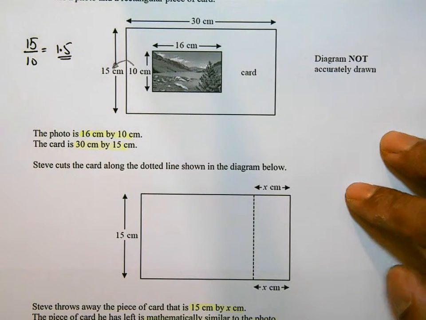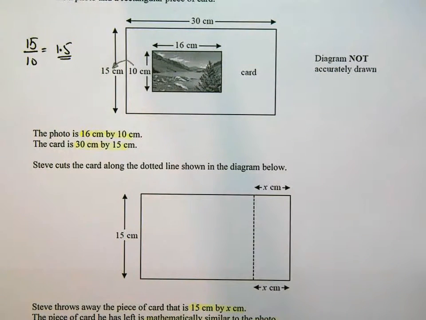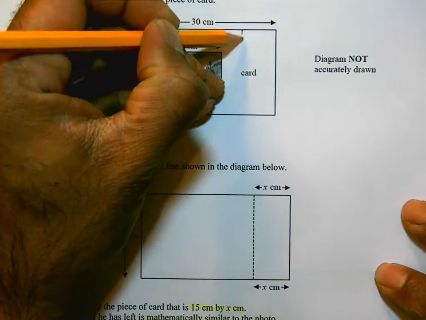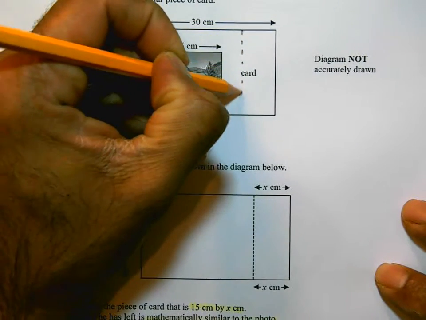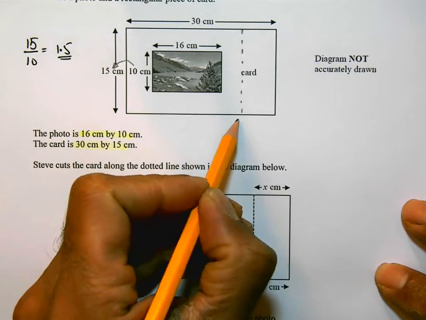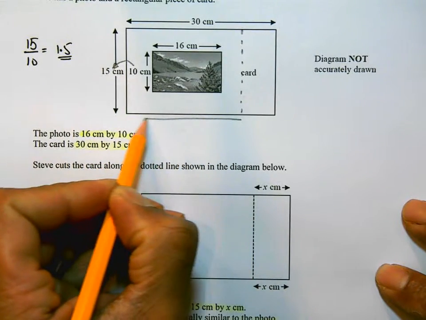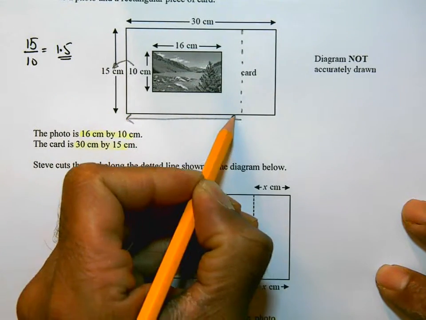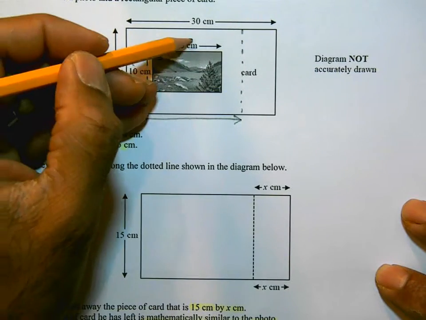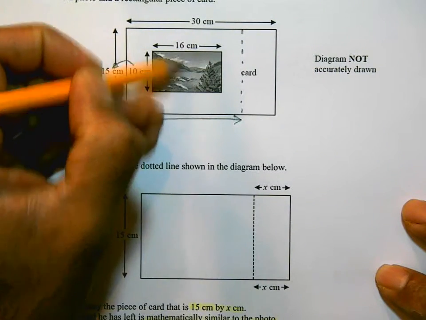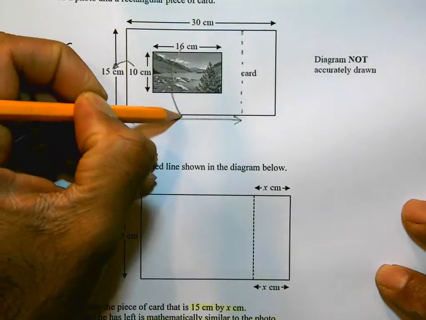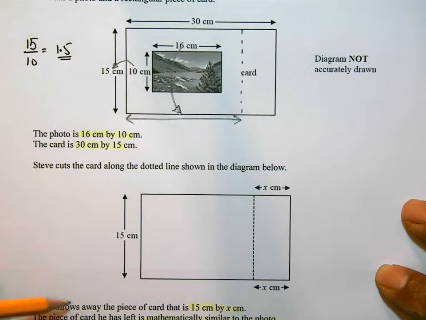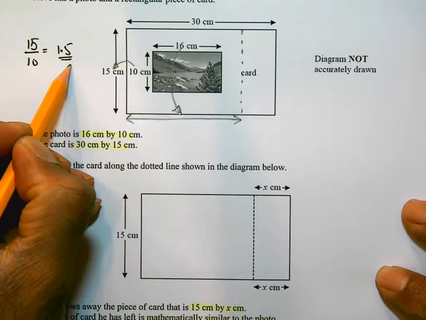16 to wherever I'm going to cut the card. Now, if I cut the card here, that distance there is going to be similar to 16. So I need to find my multiplier that's going to take me from 16 to there. I've worked it out already.